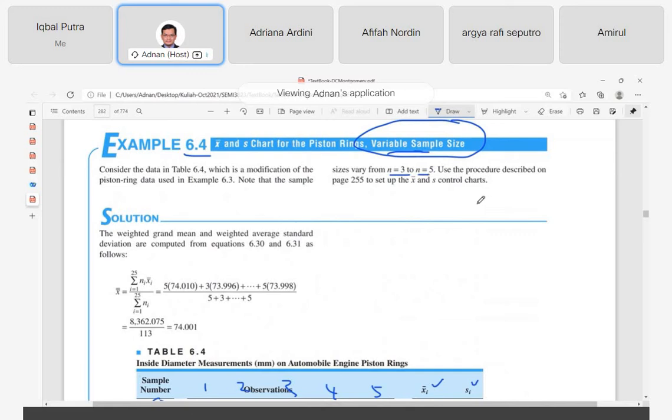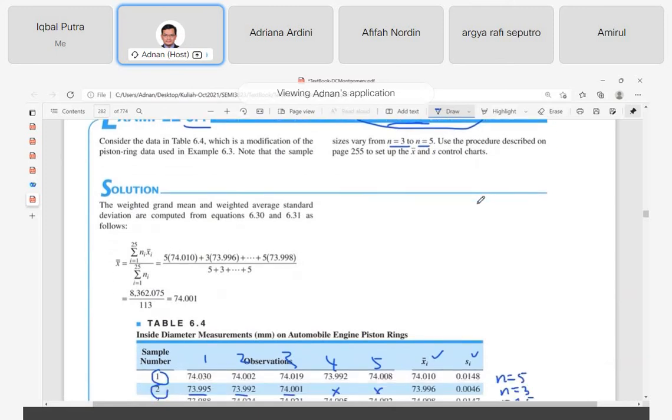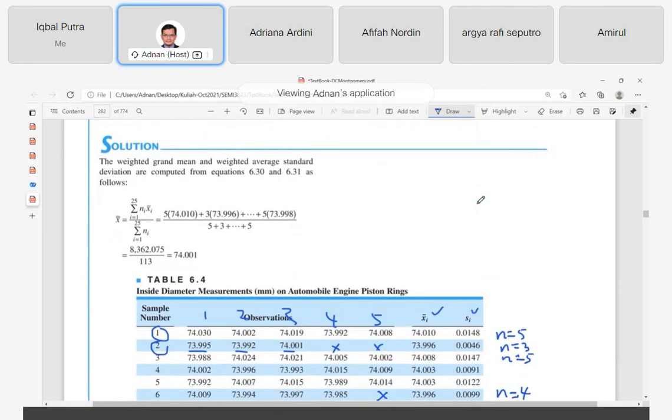So we can use the procedure earlier to set up the X bar and S chart, but we have to recalculate the X double bar because now it is going to change. The grand mean and weighted average standard deviation are computed using the earlier formula. We have to have now not only all 5. There are 5, there are 3, there are 4, and so on. So we have to recalculate again.